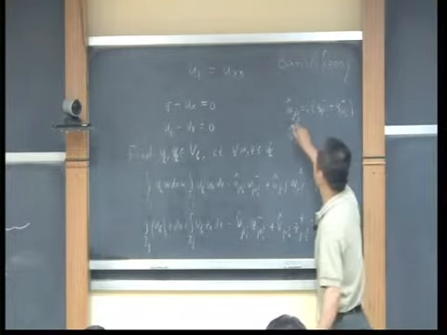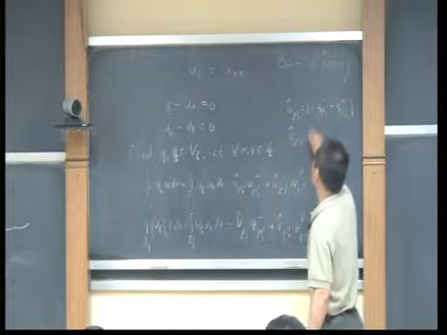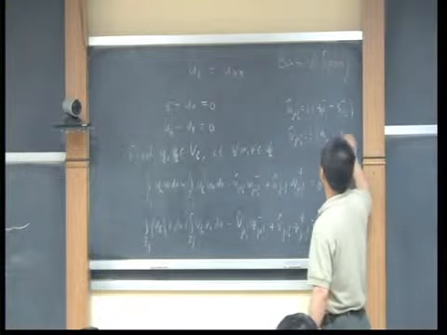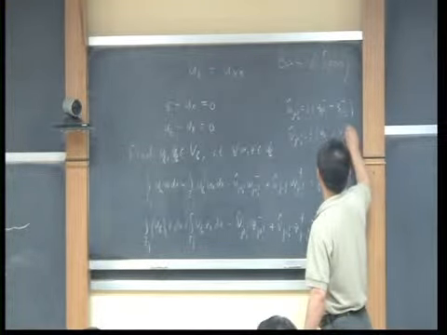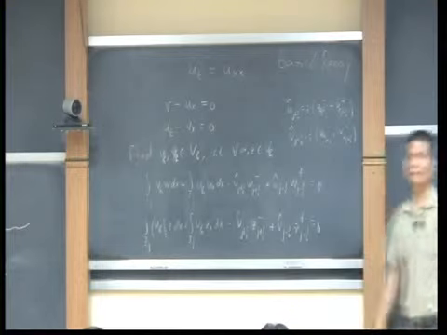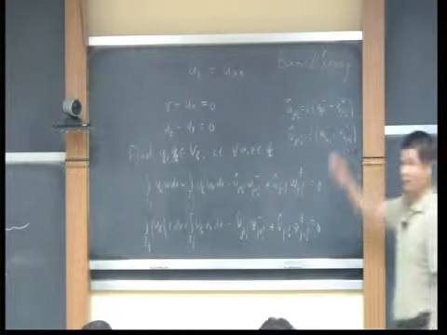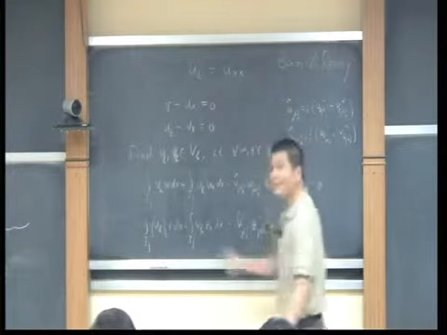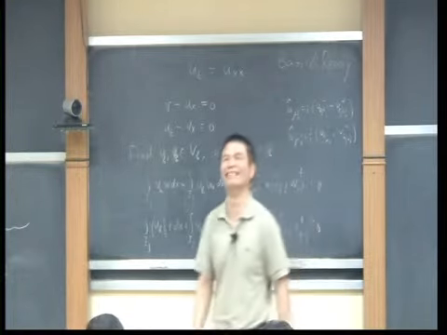And v hat is half of v at j plus half minus, plus v at j plus half plus. Average, same thing as we did in the wrong scheme, right? But this one, you go to the computer, it works.